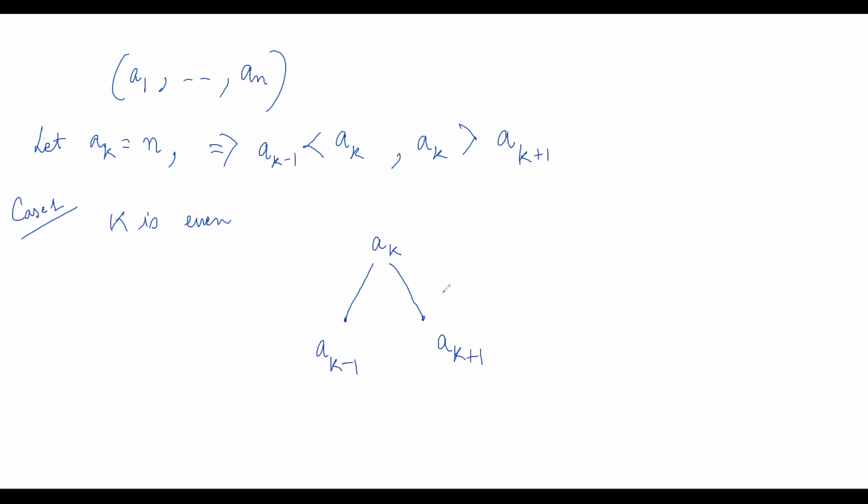And now notice that the whole thing is an alternating sequence from a1 to an. Now we'll consider a partial sequence of it. So starting from a1, we'll consider till ak minus 1. If you look at this, as k is even, k minus 1 will be odd.